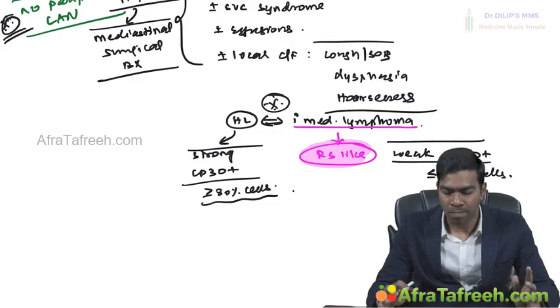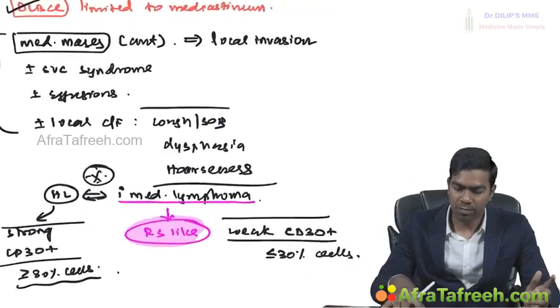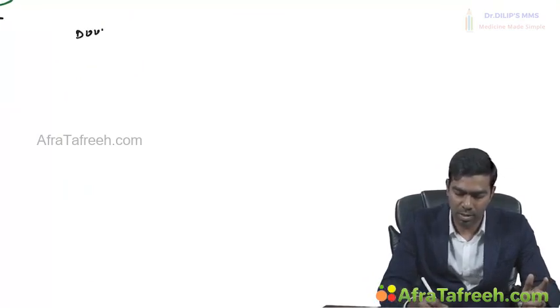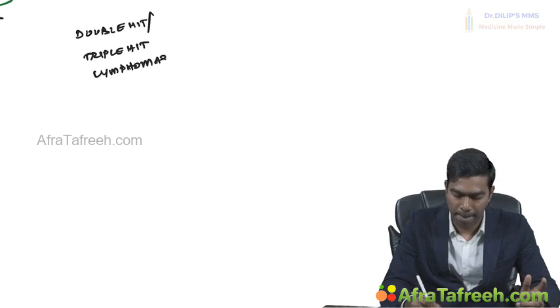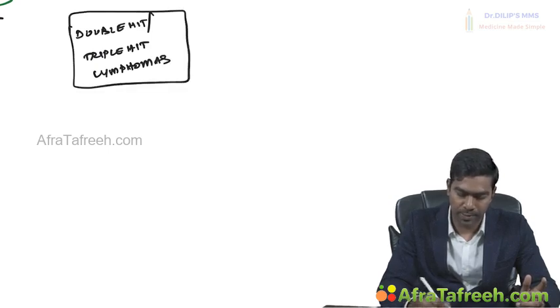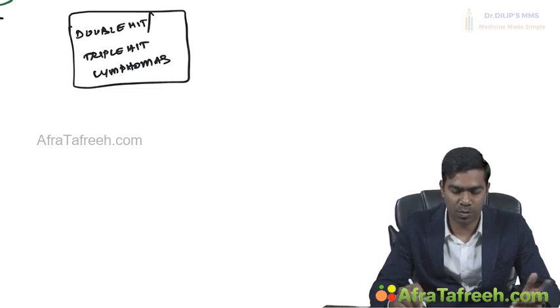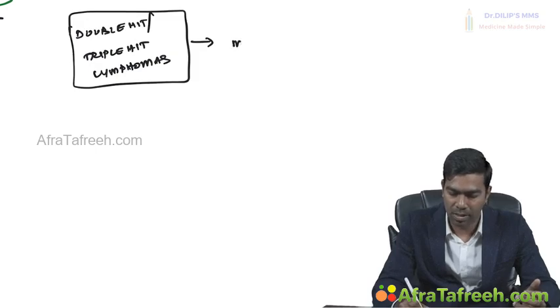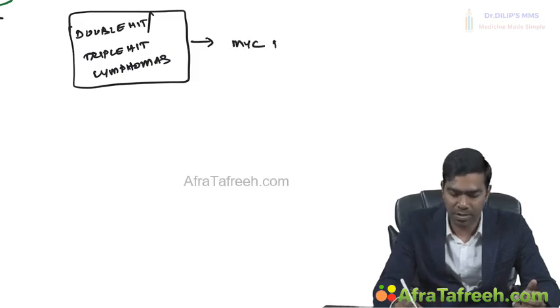So there are certain lymphomas which are very highly aggressive. They are called double hit or triple hit lymphomas. What do you mean by double hit or triple hit lymphomas? Usually they have MYC translocations and MYC amplification.